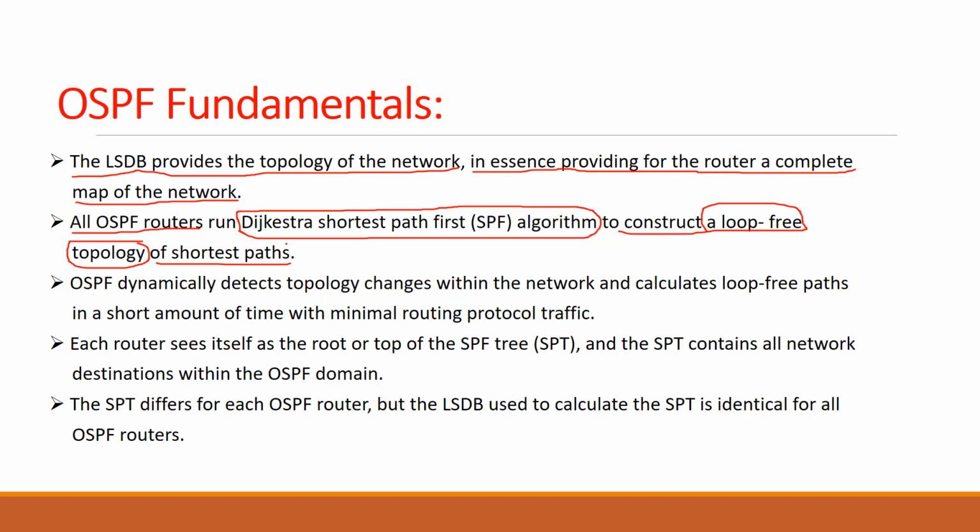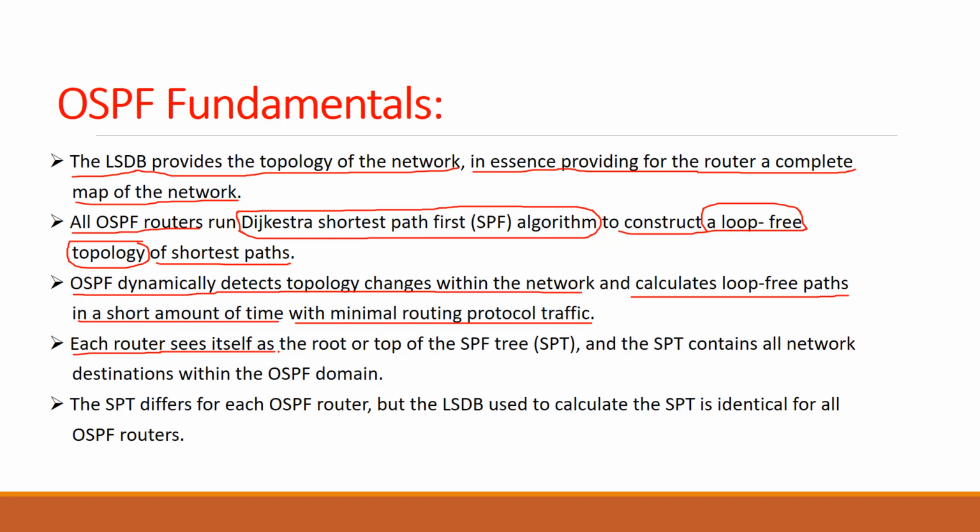So once each router in the OSPF domain has a link state database, consisting of link state advertisements, it runs Dijkstra's algorithm to construct a loop-free topology of shortest paths. OSPF dynamically detects topology changes within the network and calculates loop-free paths in a short amount of time with minimal routing protocol traffic.